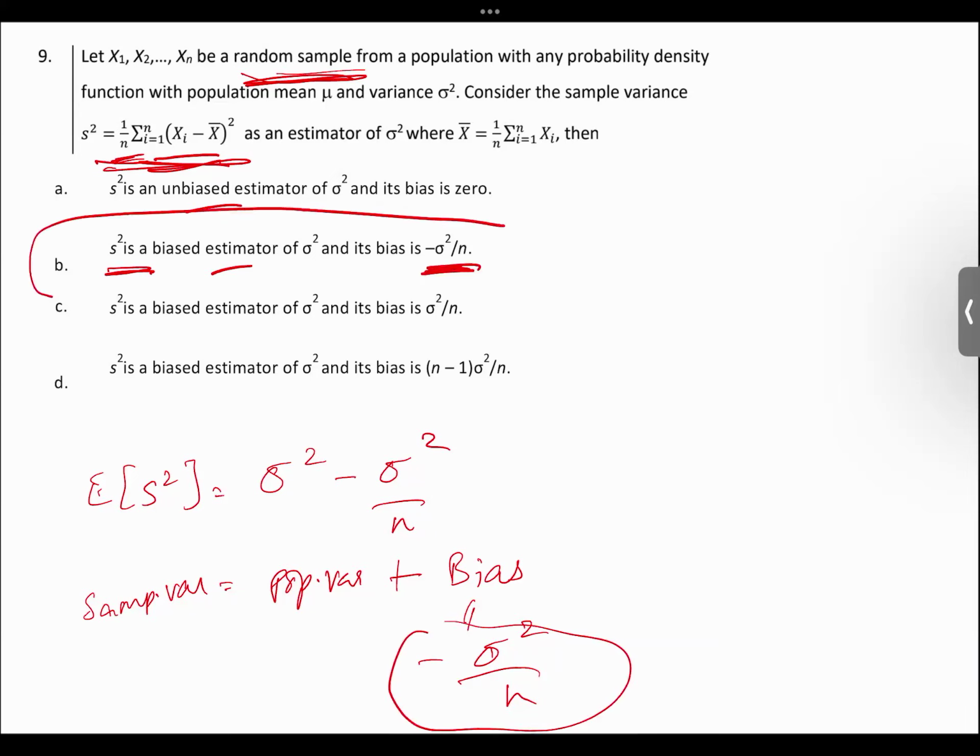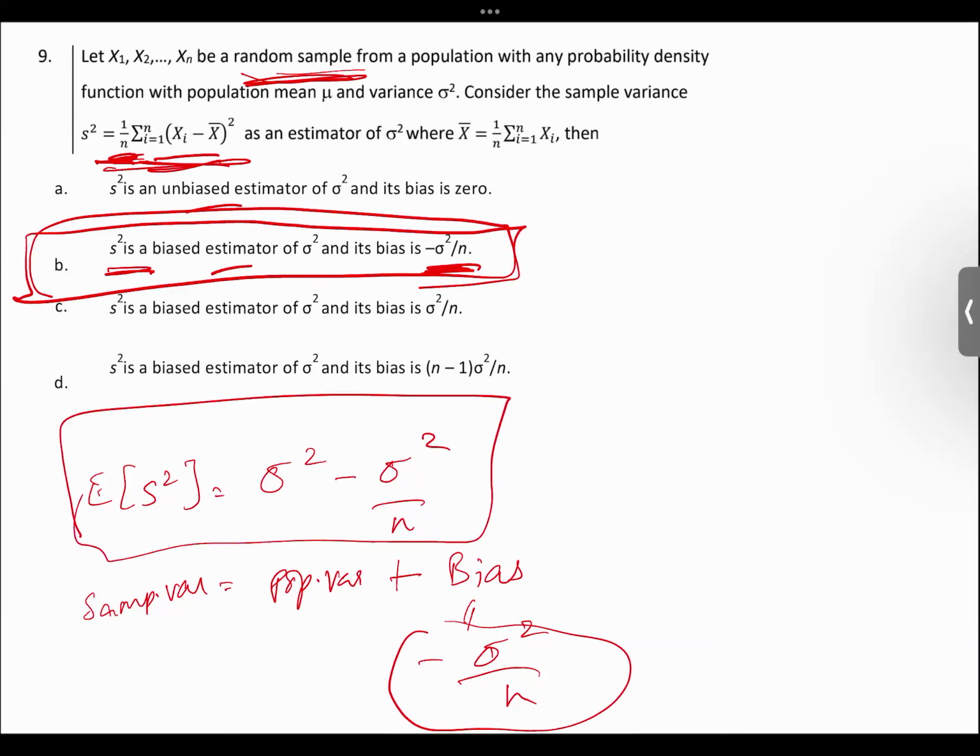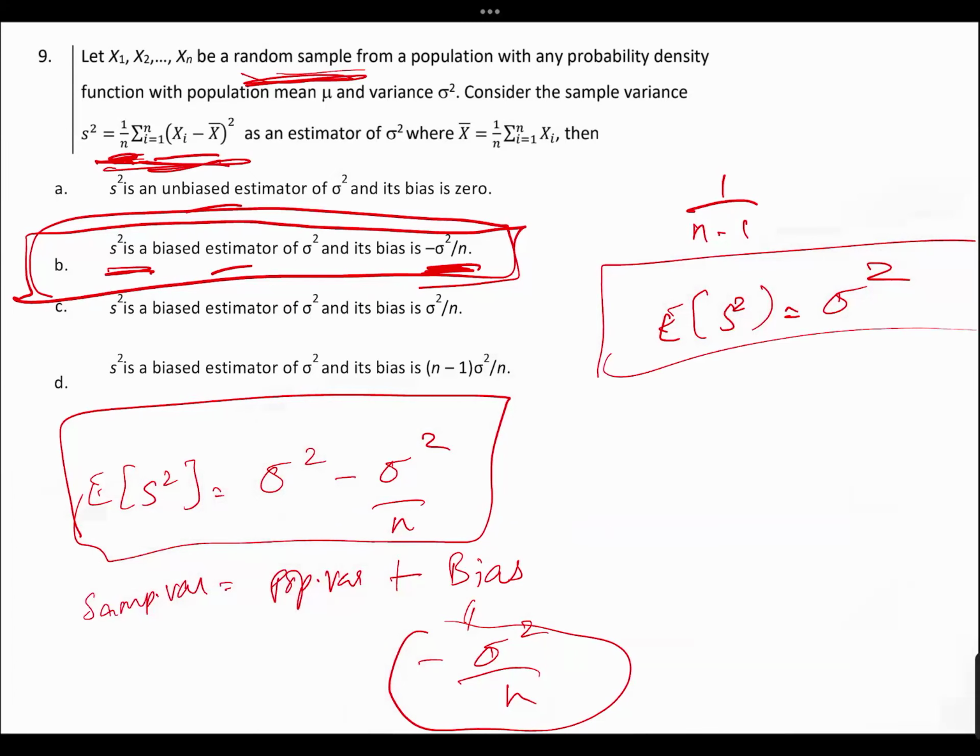So option B is the correct answer. This is basically a derivation. Whenever you look at the question and you see S has 1 by n, this equation will hold. But when S has n minus 1 in the denominator, you will have expectation of S square equal to sigma square. We just derived these two, and if you remember, it will be easier. Was that clear?